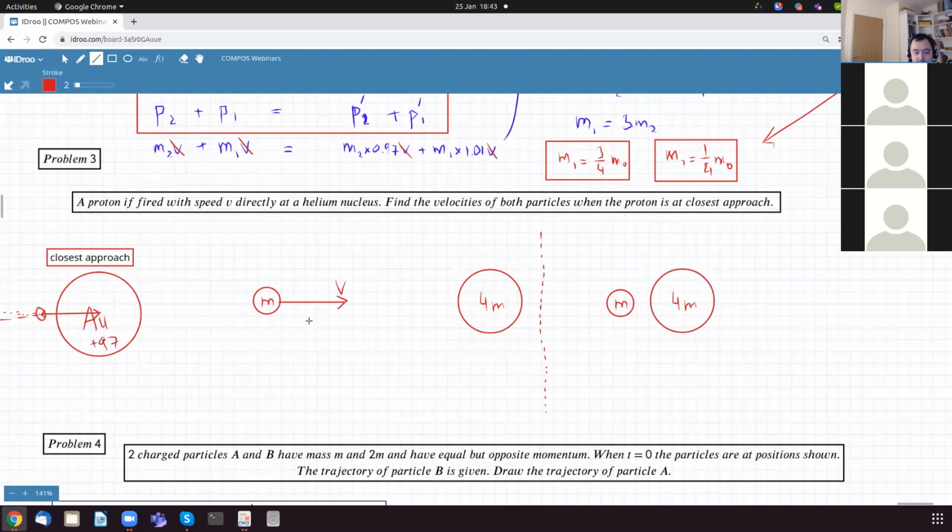Because of the electrostatic force, this particle is pushed to the right, and this particle is pushed to the left. So this one slows down, and this particle accelerates. When they have equal speeds, that means they are stationary relative to each other. So they both travel with the same speed, let's call it V1.